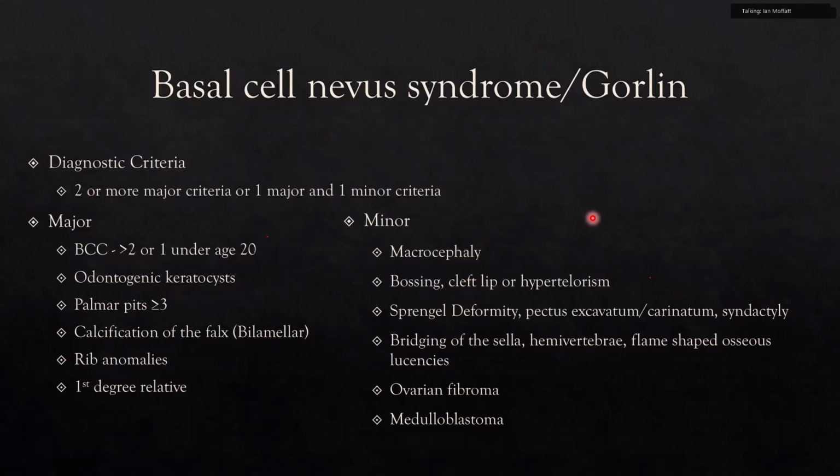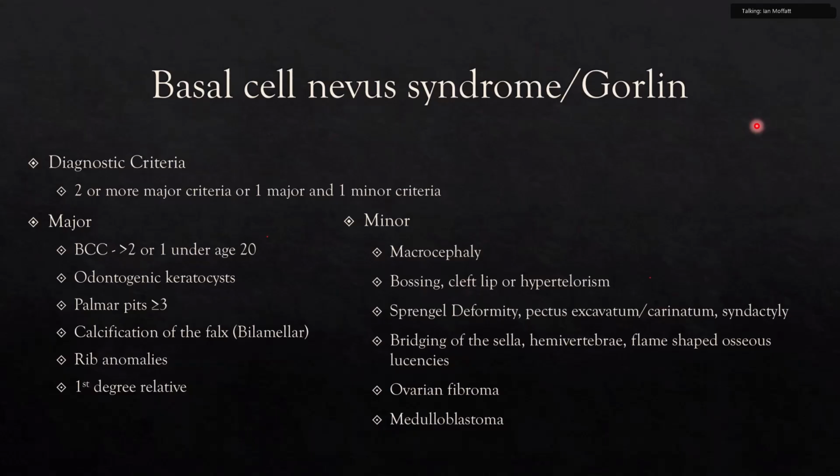There are, again, diagnostic criteria. Two or more major or one major and one minor criteria will result in diagnosis of basal cell nevus syndrome. The major are 2 basal cell carcinomas, or 1 under the age of 20, the presence of odontogenic keratocysts, palmar pits, calcification of the falx, which is bilamellar and has a somewhat typical appearance, rib anomalies like bifid ribs or fused ribs, or a first-degree relative with it.